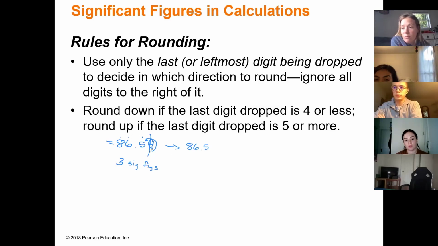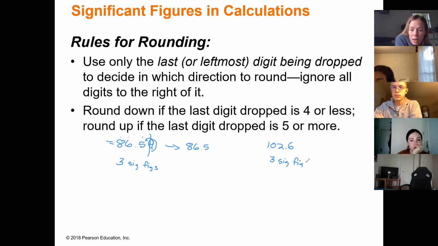We just took something that had 4 significant figures and rounded it to 3 significant figures. What if we have 102.6, and I want you to round this to 3 sig figs? I'll have you do that.